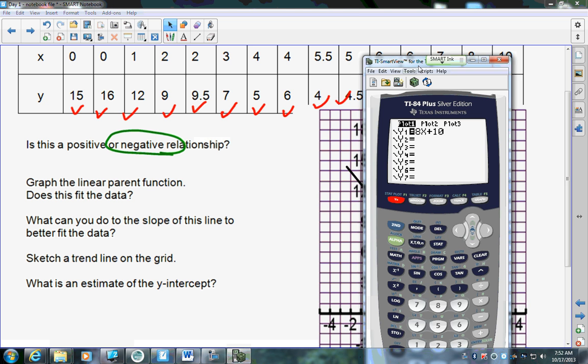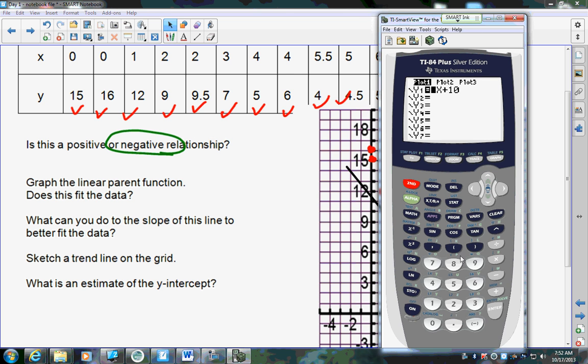So let's clear the memory again. Second, plus sign, 7, 1, 2. Go to Stat and enter. Let's put our numbers into L1 and L2.